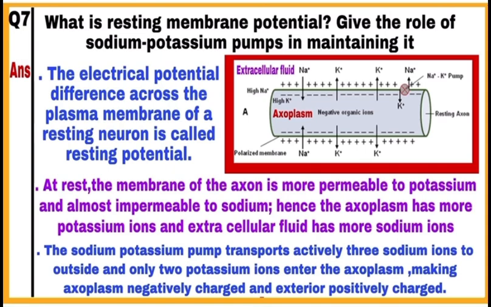This sodium-potassium pump transports actively 3 sodium ions to outside and only 2 potassium ions enter the exoplasm. This makes the exoplasm negatively charged and exterior positively charged.